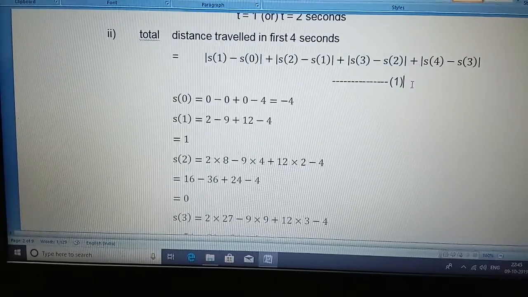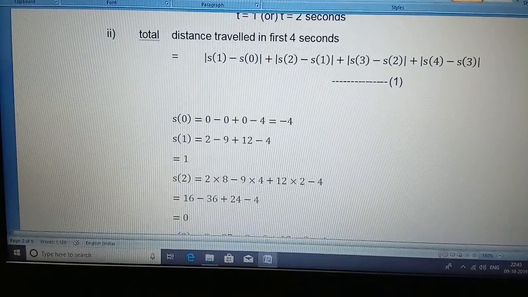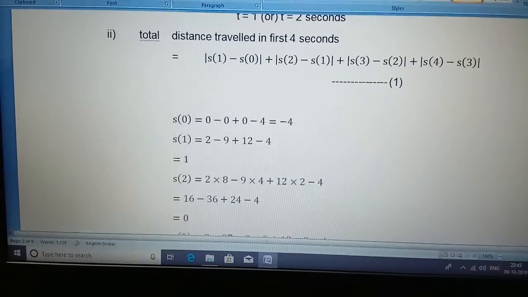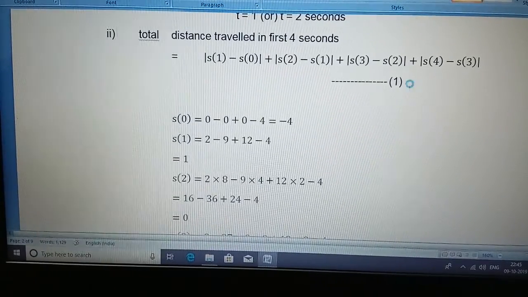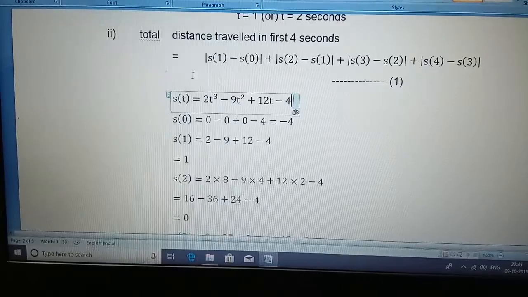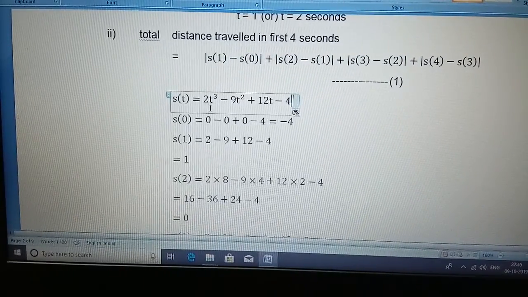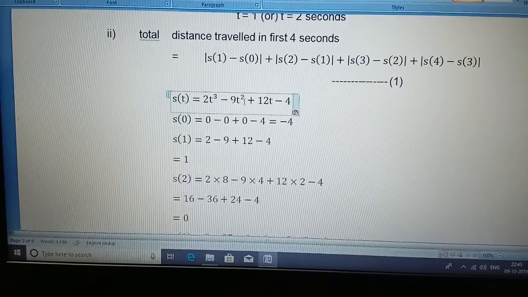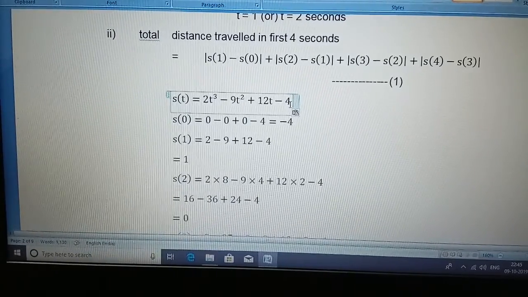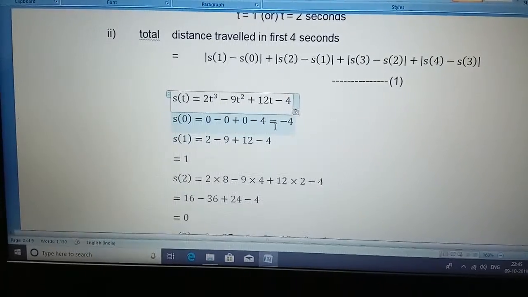So you can substitute the values one by one. First substitute t equal to 0. S of 0 is 2 into 0 minus 9 into 0 plus 12 into 0 minus 4, so the total answer is minus 4 alone.